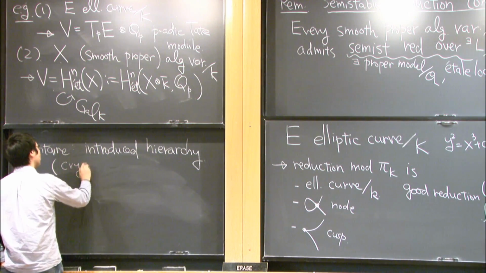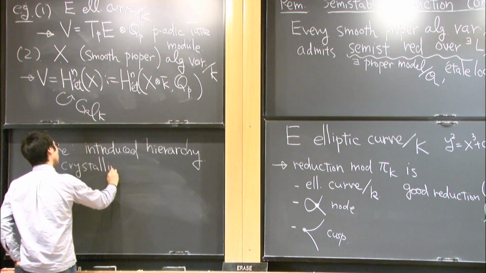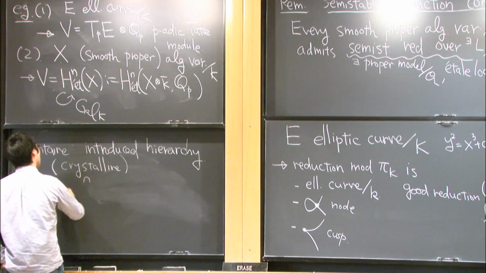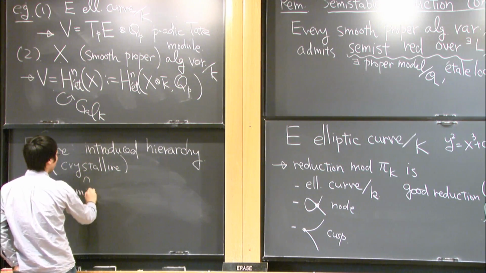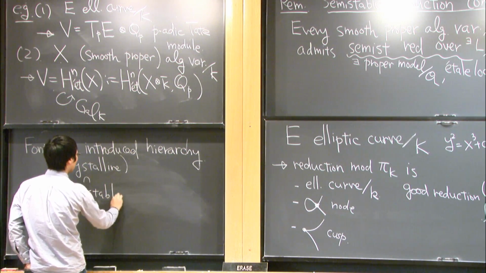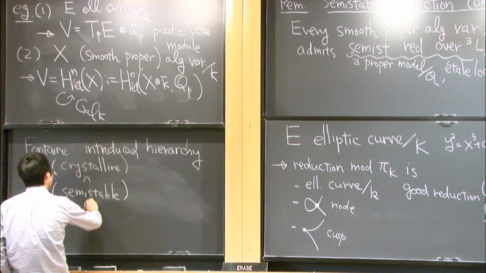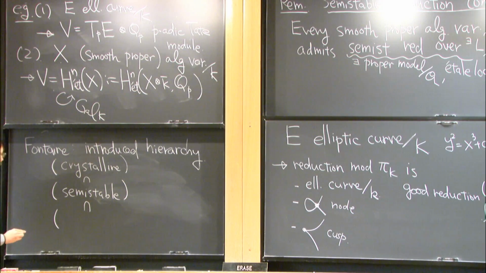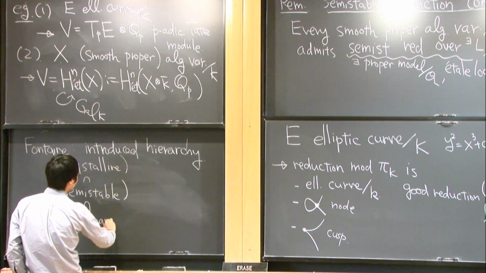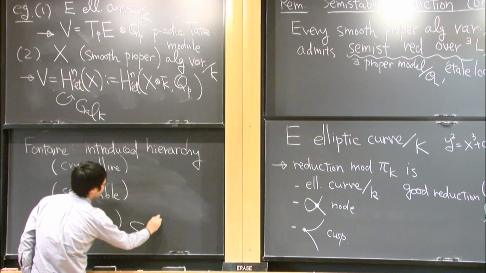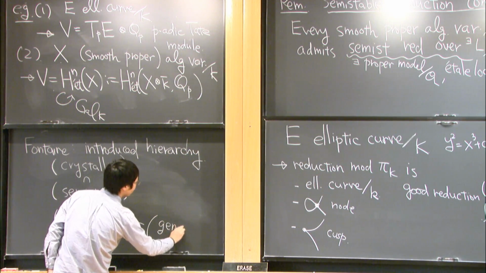The first one is crystalline, which is the smallest, and this is contained in so-called semistable representations. And then a slightly larger class is called de Rham representations. And this is inside general representations.